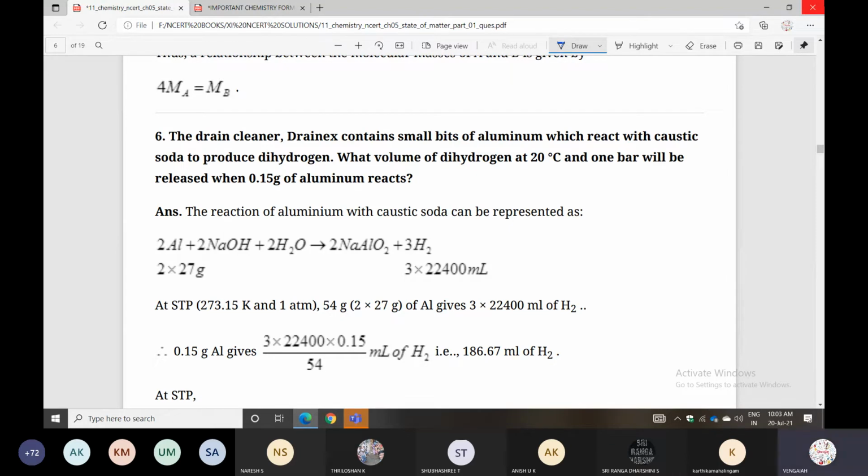Here 54 grams of aluminum gives this much ml. Then for 0.15 gram of aluminum in the question, can you calculate how much it will be? Yes, nothing but 0.15 into 3 into 22,400 by 54. So you can get the answer.